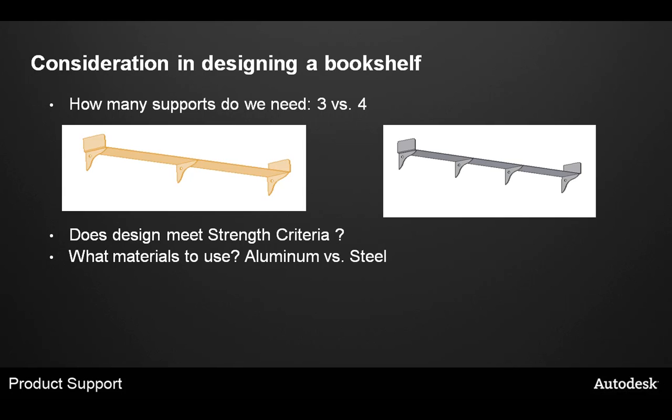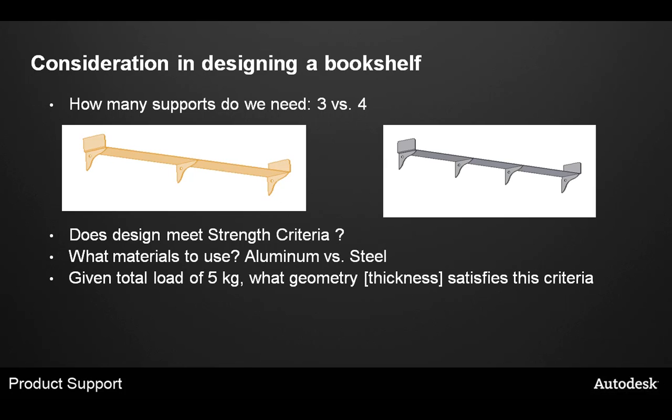Do we use aluminum versus steel, or a more focused question here, if we think that our books have a total weight of 5 kilogram, what geometry will satisfy this criteria before the bookshelf tumbles down? So we will go into this in more detail in the following slides.